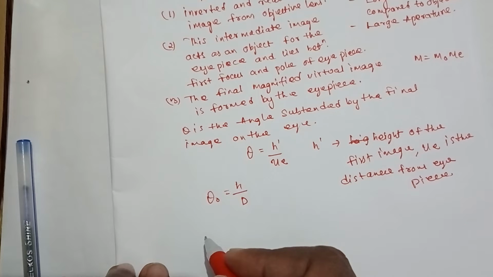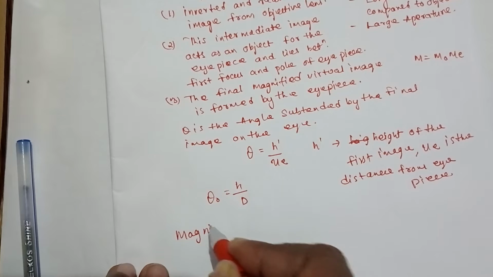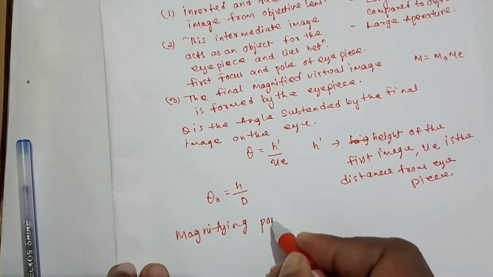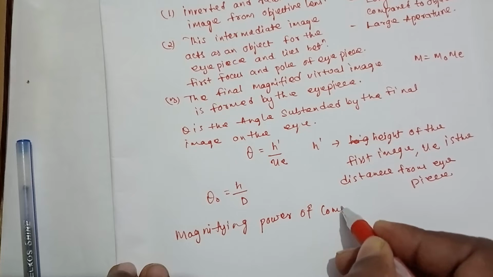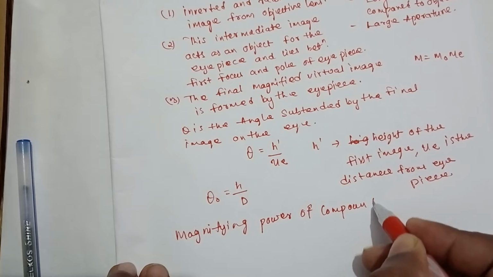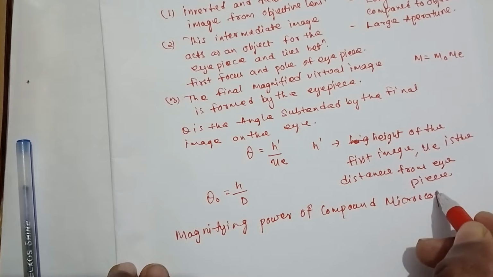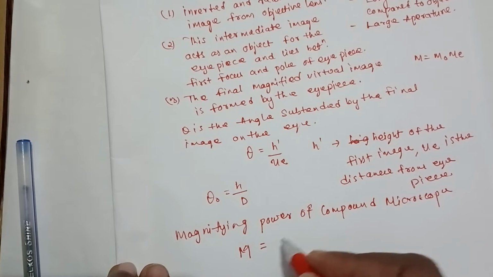So the magnifying power of the compound microscope, denoted by capital M, is equal to theta by theta naught.